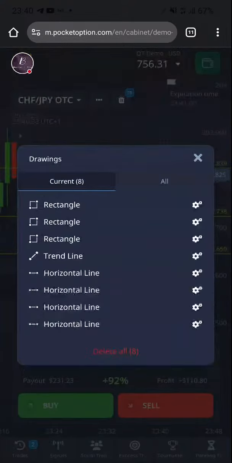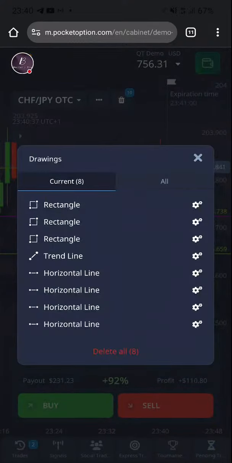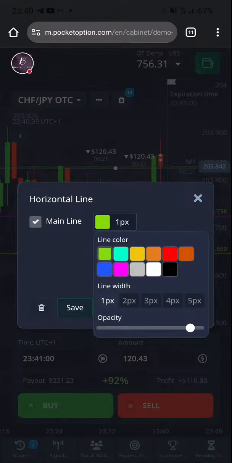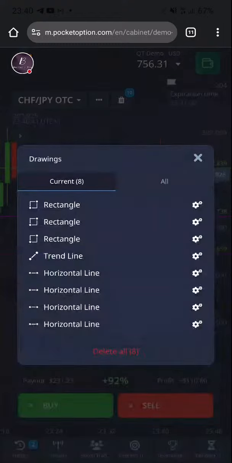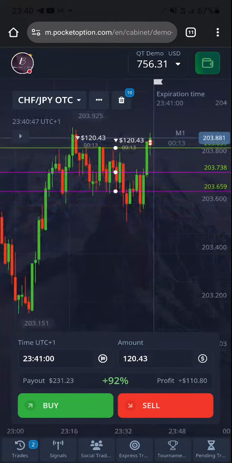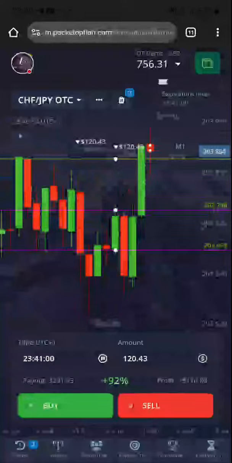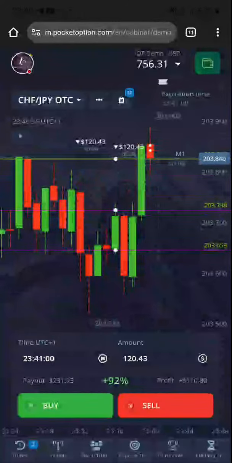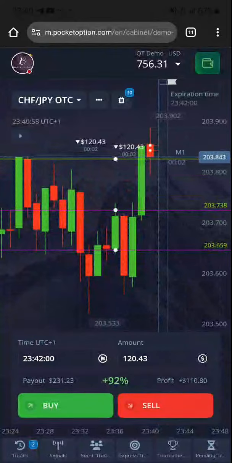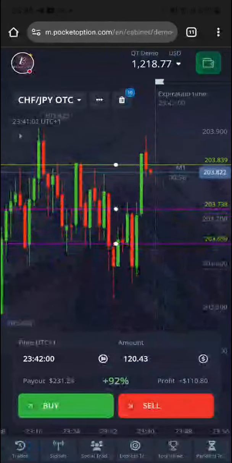Let me mark the doji range quickly. It's a doji break actually, so we should expect the sellers to come in. You can see this is a break of a doji. We should expect the sellers to come in, but I think they are beginning to make up their mind to just go up. Let's see. We have 6 seconds. Okay, that's good. That's good.